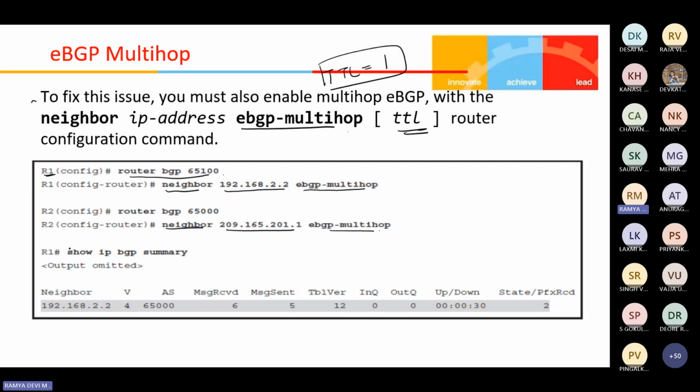This can be verified with the help of show IP BGP summary, right? So it is showing the neighbor. It is done on R1. Who's the neighbor? 192.168.2.2.